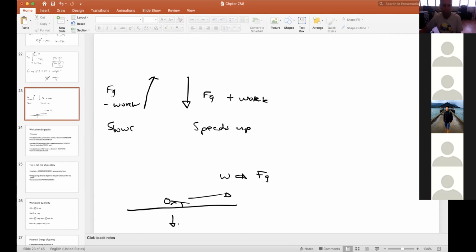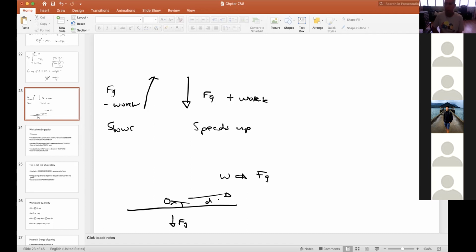Well, the force of gravity is down and your displacement is in the x direction. Gravity does no work as you slide along the ground. It's not speeding you up and it's not slowing you down. Gravity is doing nothing to change your speed, if that makes sense.